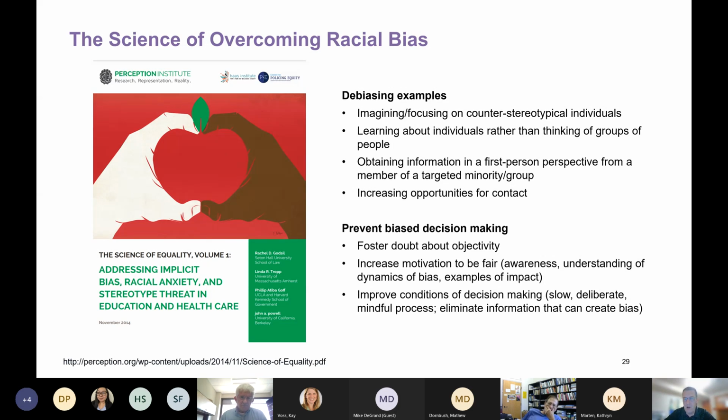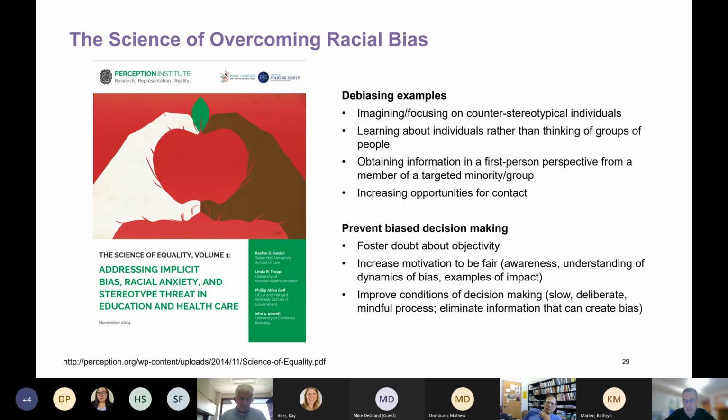So if a member of a targeted minority group could tell their story, this is my life, this is how it is impacting me, if people could witness that type of evidence, it had a tendency to reduce their bias. And then, of course, increasing opportunities for contact. That is the hardest because now you actually need to bring people in touch with each other. There has to be a willingness, there has to be availability, and so forth.